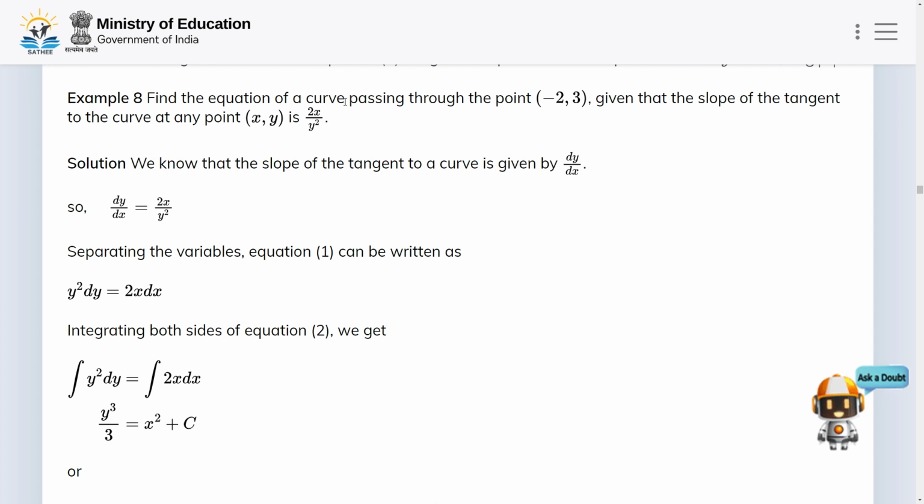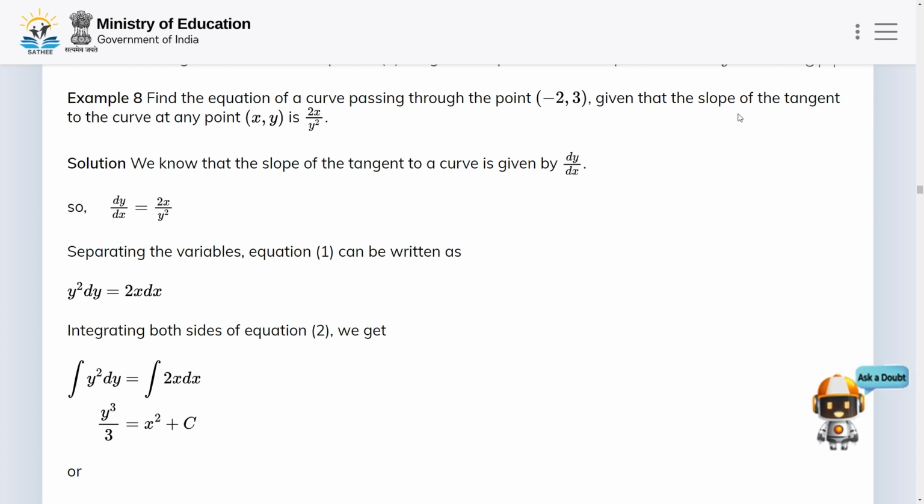Find the equation of a curve passing through the point (-2, 3), given that the slope of the tangent to the curve at any point is 2x divided by y squared. Now, as you can see here, you are not given any differential equation directly, but in terms of words.